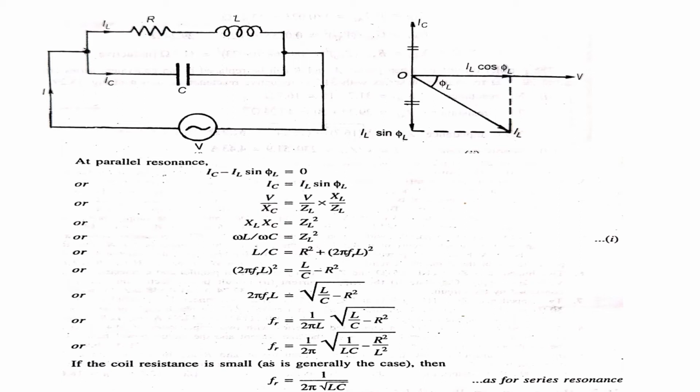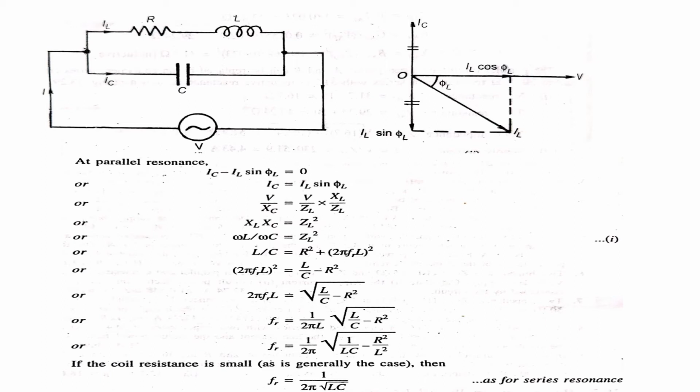So (2 pi F R L) whole square equal to L upon C minus R square, or 2 pi F R L equal to under root of L upon C minus R square, or Fr equal to 1 upon 2 pi L under root of L upon C minus R square. Further, we get FR equal to 1 upon 2 pi under root of 1 upon LC minus R square upon L square.